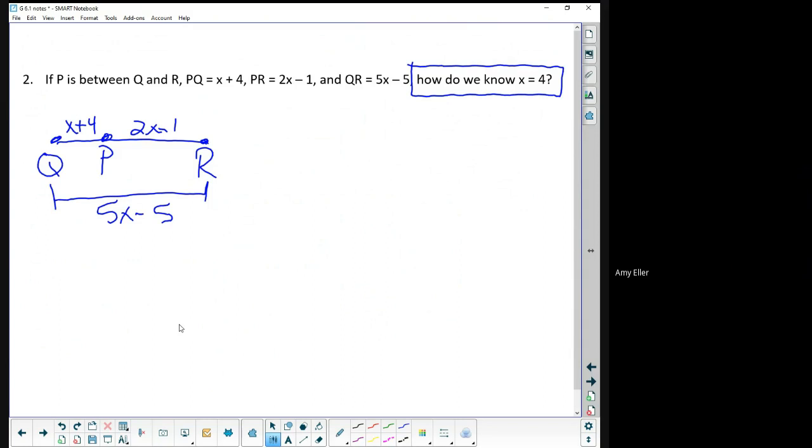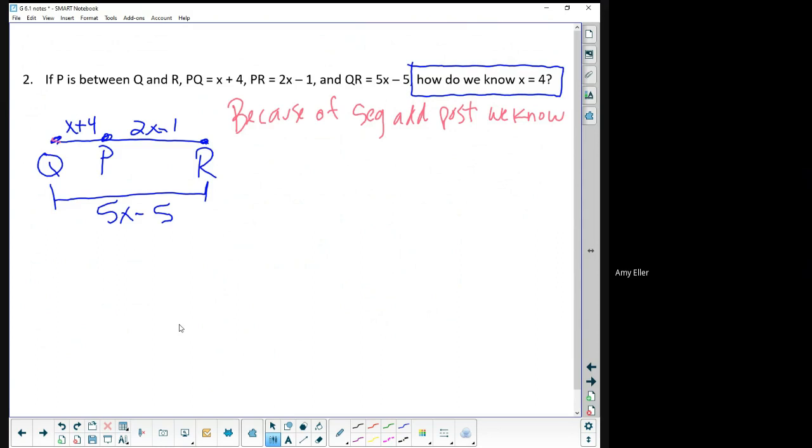Midpoint formula? Pythagorean theorem? No? What are we using? Segment addition postulate. Yeah, let's say because of segment addition postulate, we know, well, think about what you know.